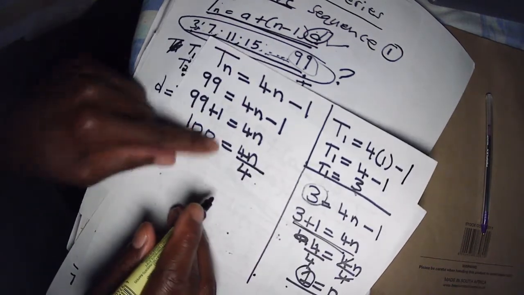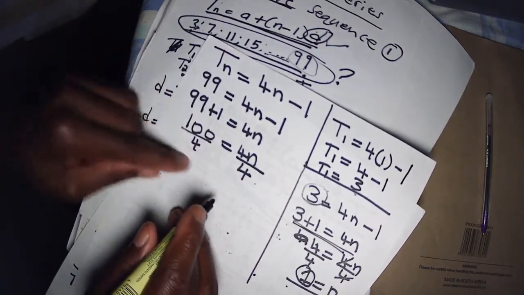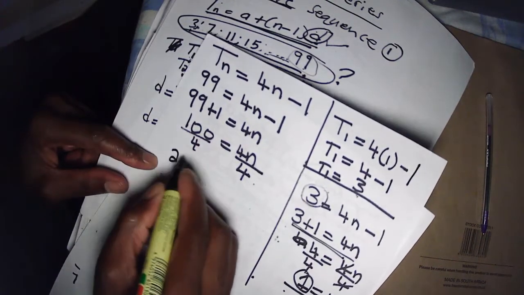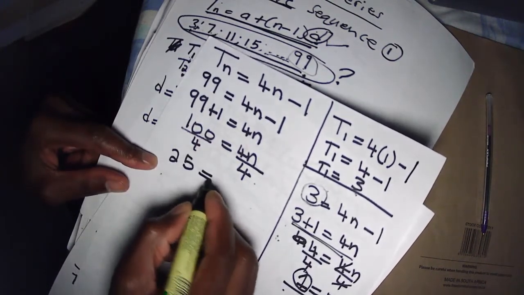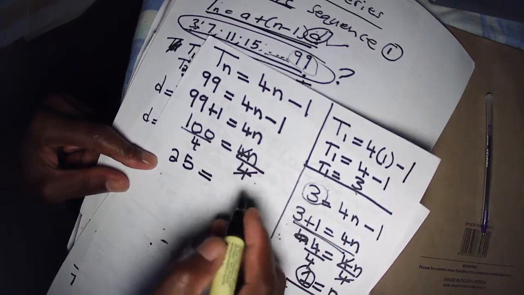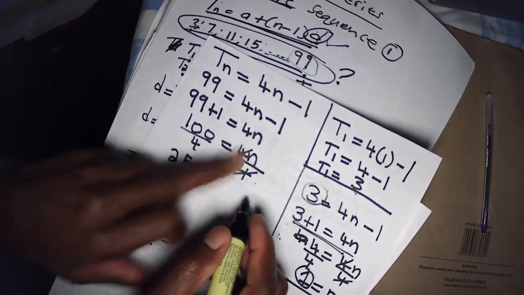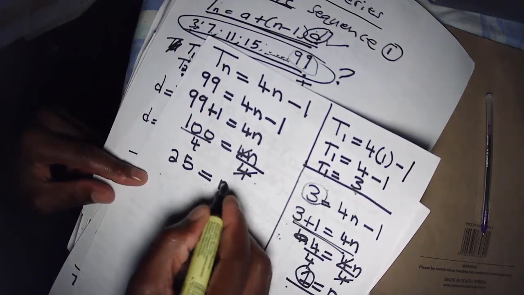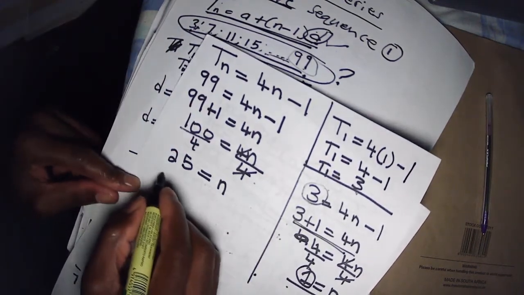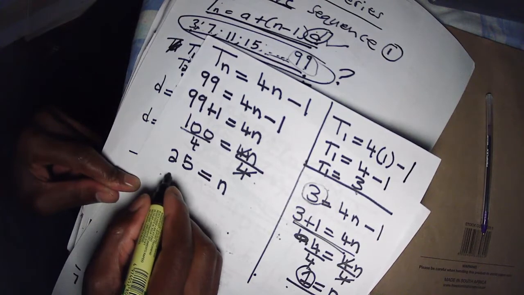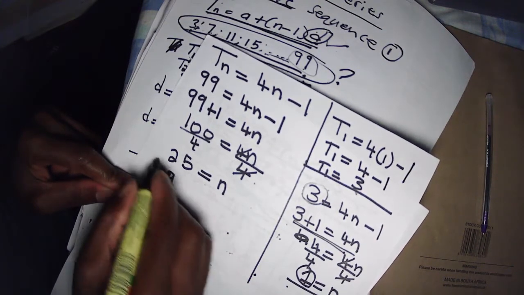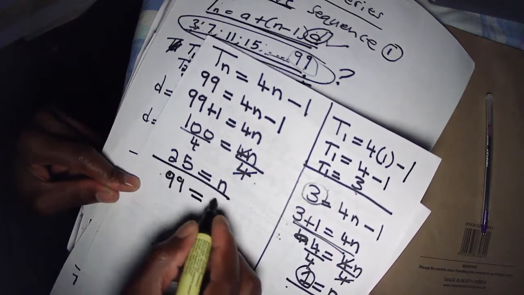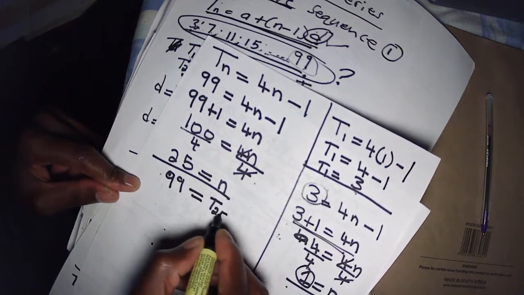When you divide 100 by 4, what do you get? 25. 1 times n is n. So 99 is equal to term number 25.